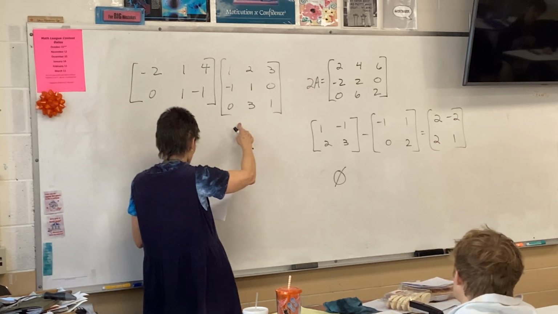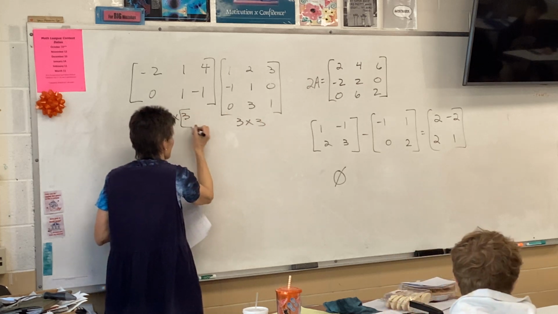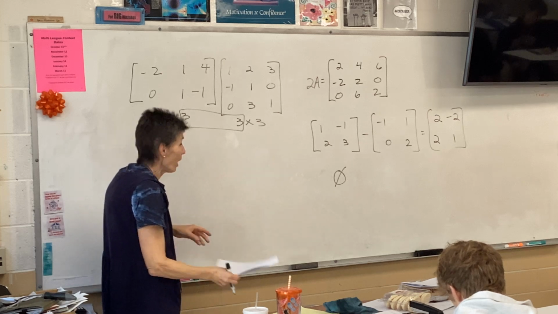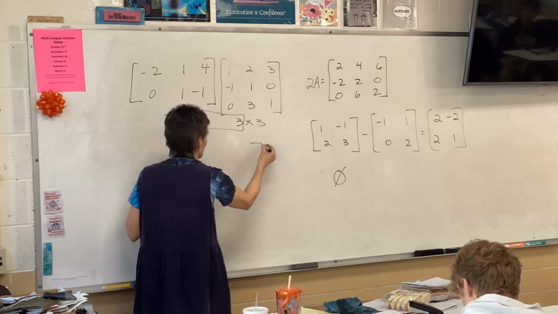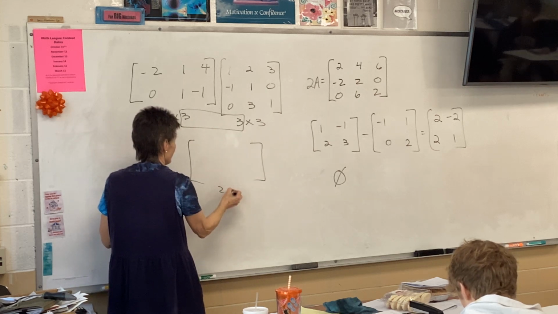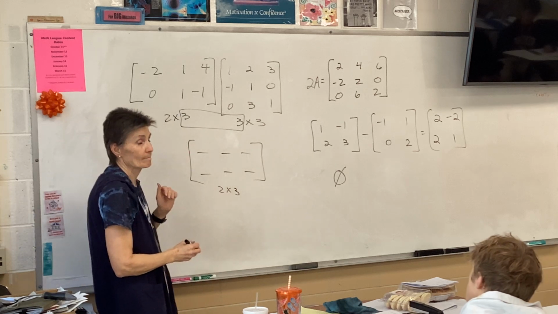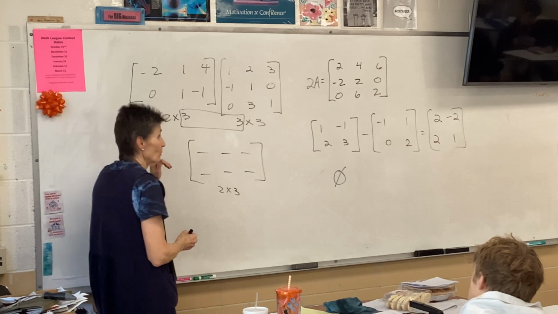What are the dimensions of A? 3 by 3. Can these be multiplied? Yes. And the product, or the answer, will be 2 by 3. Right? So here we go.